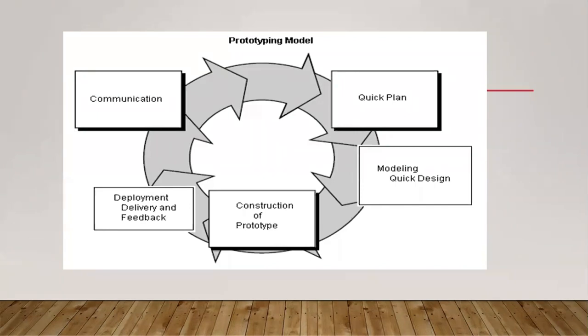So that's why this model is developed in a ring manner. This is also called an iterative model. Iterative in the sense, each and every activity will be executed multiple number of times, not only one time.